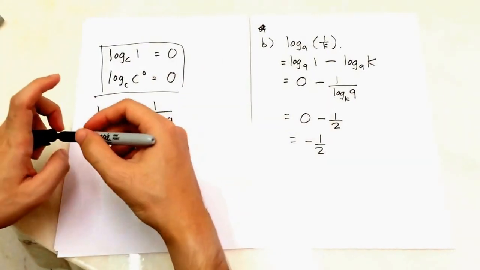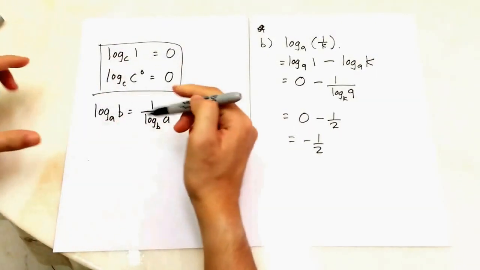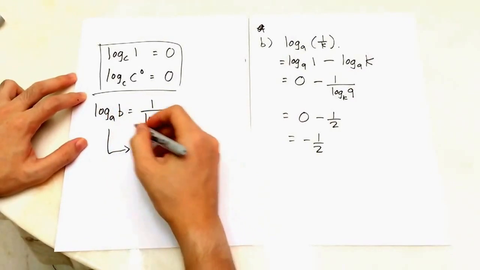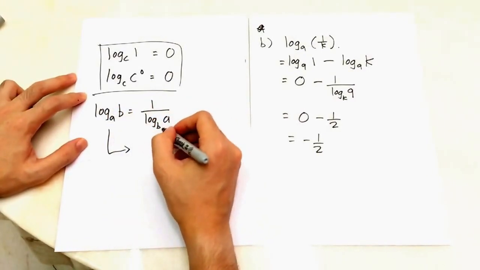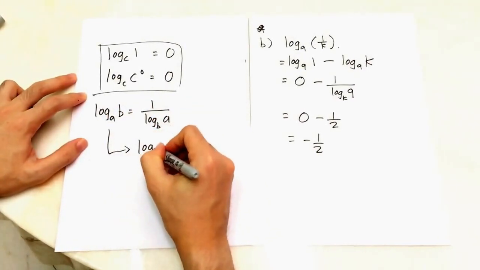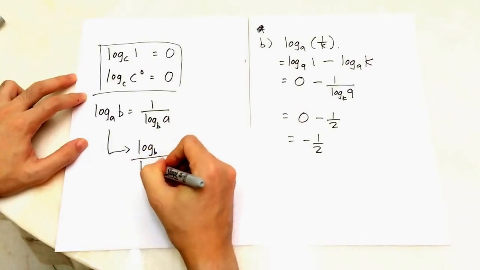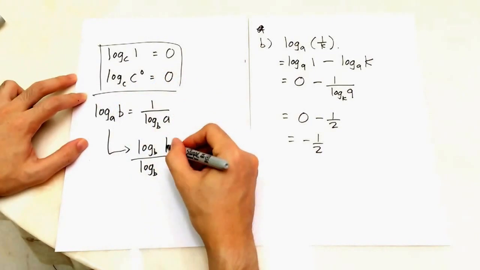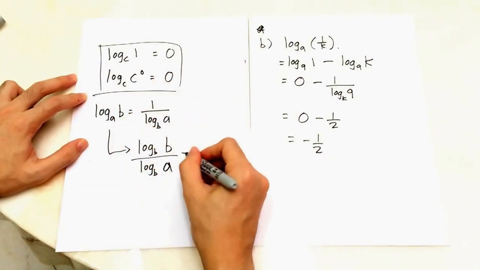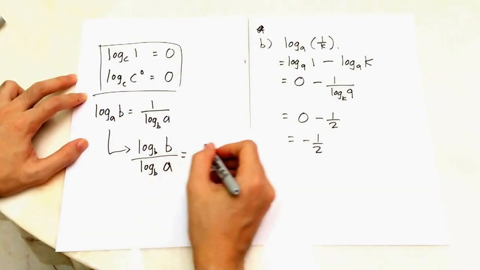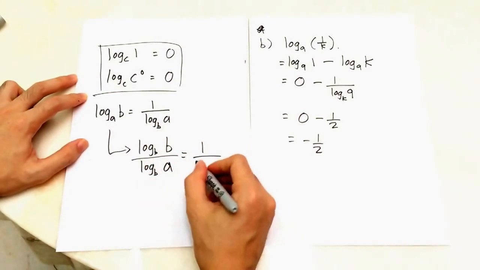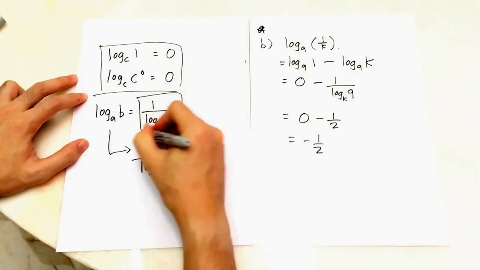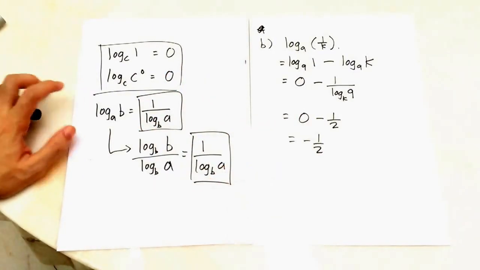What you can do is use the normal rule of changing base. Let's say I want to change to log B. So I write log B over log B. The bigger number I write at the top, the base number I write at the bottom. So this log B B is 1, and then this one is just log B A. Do you find out both of them are the same thing?